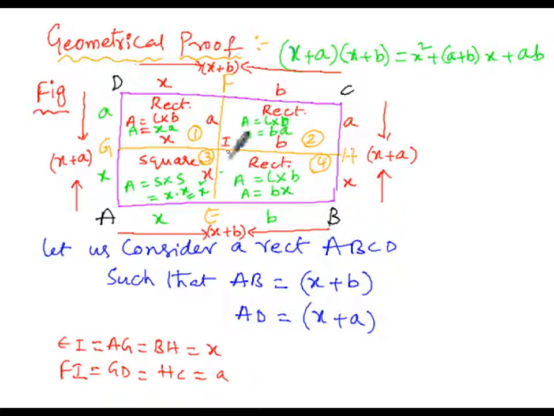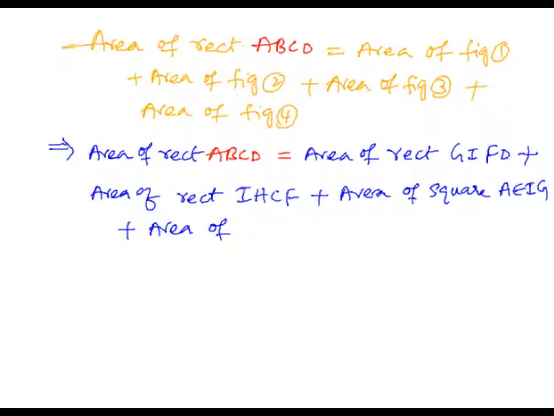EBHI is a rectangle. But for rectangle ABCD, the area of the rectangle is length into breadth.